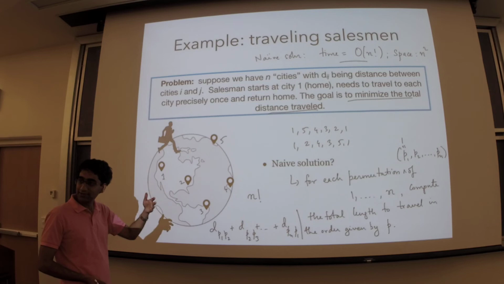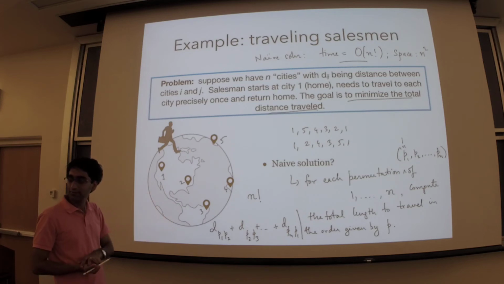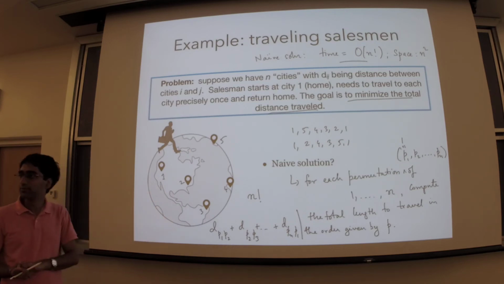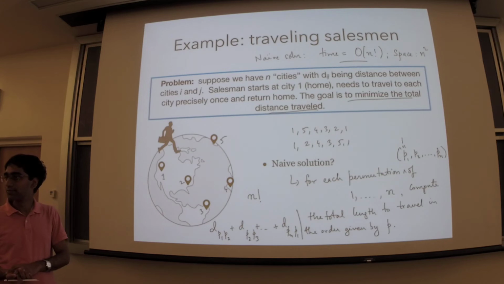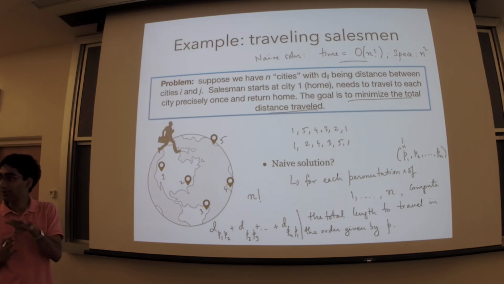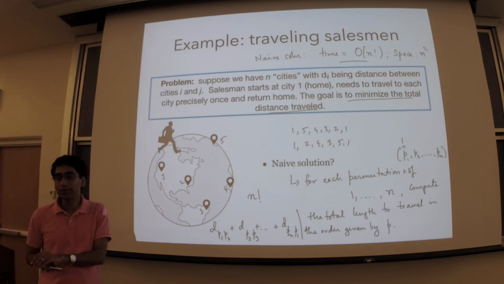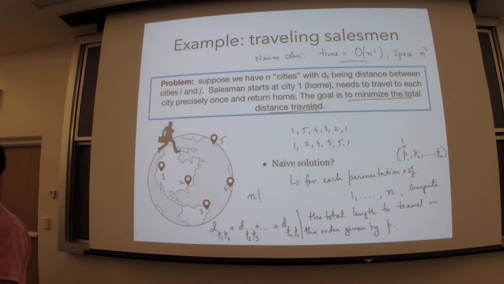After you go to 2, there's only 3, 4, or 5 left. So next time you go to either 3 or 4 or 5. You also do every scenario. So you go through all of them, and you keep track of which set you have not visited. Okay, so I think that's roughly what I was also trying to get at.